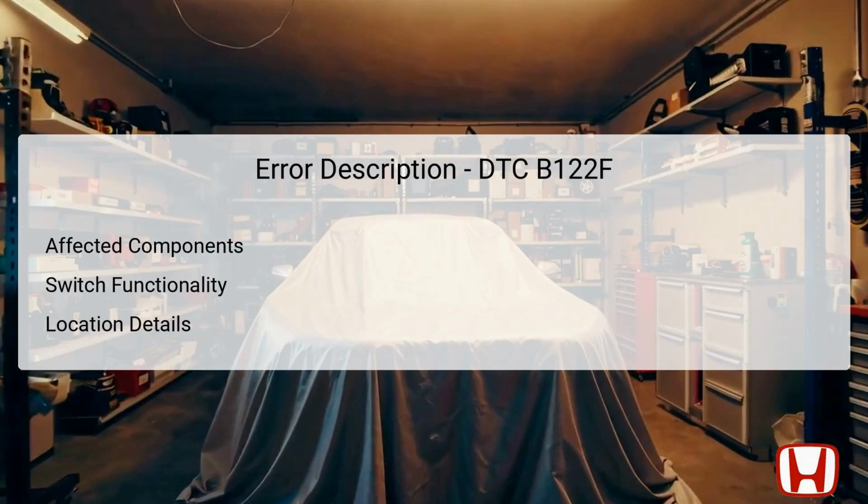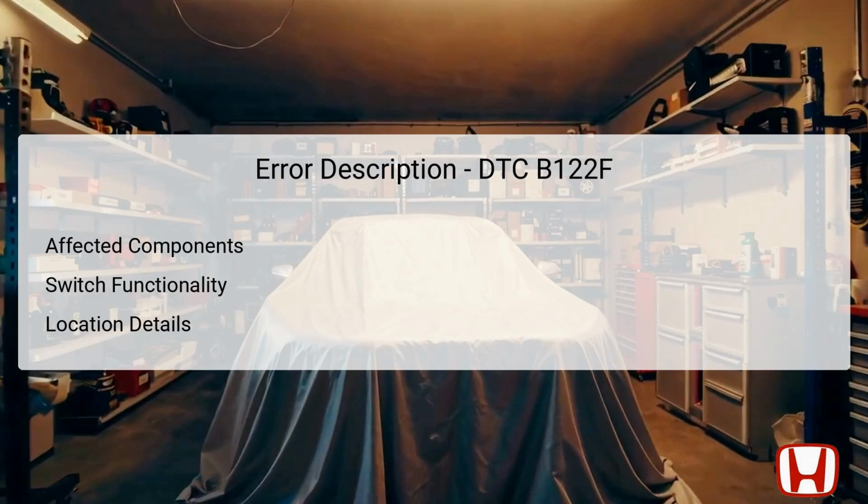The primary components affected by DTC B122F are the climate control switch, which includes the windshield defrost switch, and the climate control unit. The climate control switch is located on the dashboard and is easily accessible to the driver, allowing adjustments to be made while driving. This switch transmits requests for defrosting to the climate control unit, which is typically located within the center console of the vehicle.